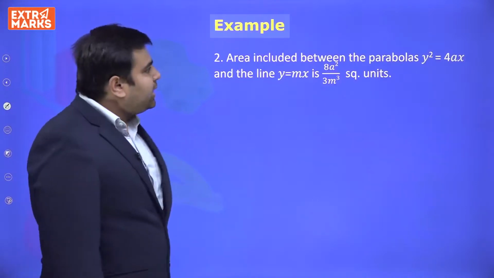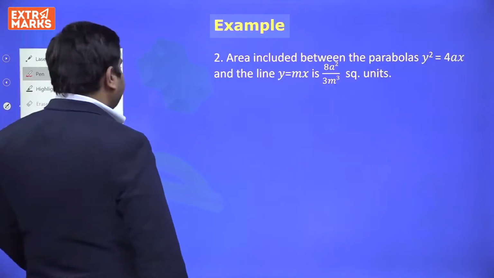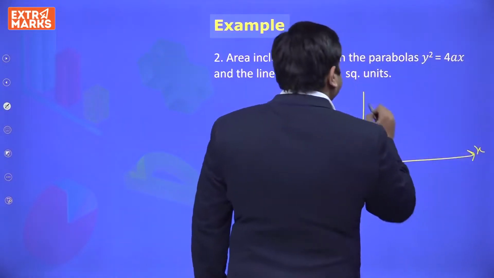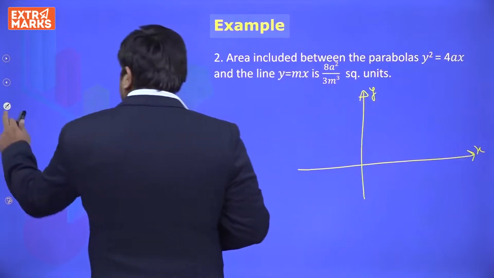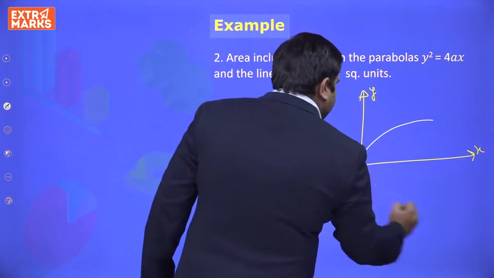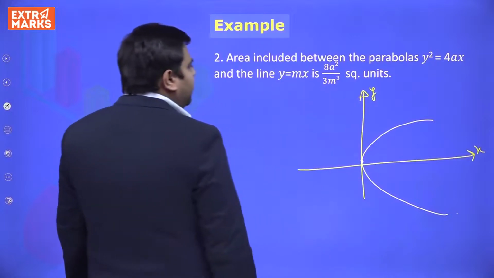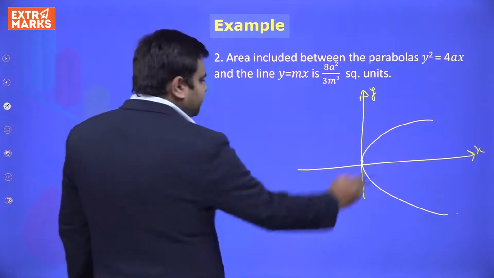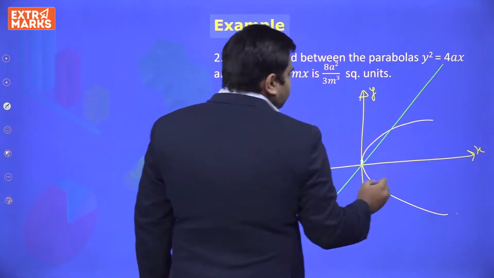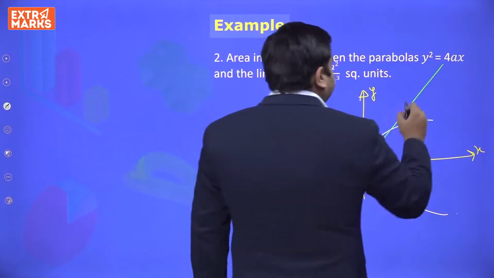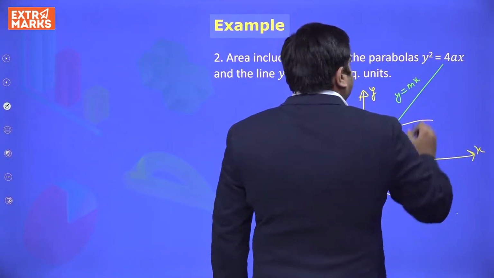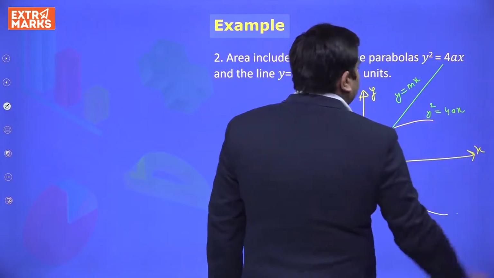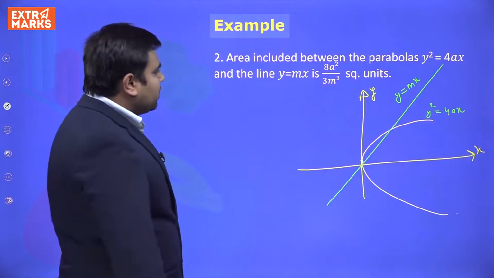Next, area included between the curve y square equal to 4ax and the line y equal to mx. So this is the line y equal to mx, right? And this is y square equal to 4ax. So what will be that area?